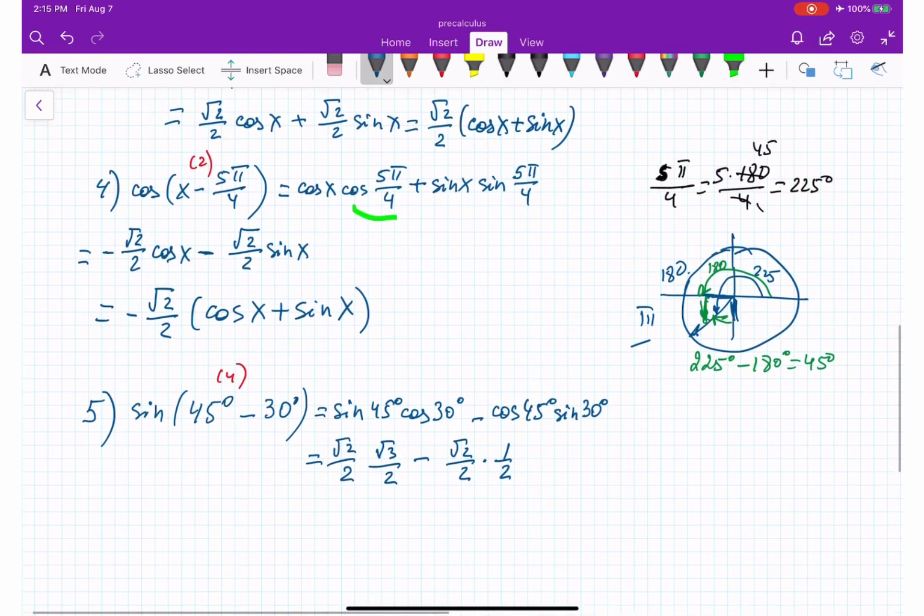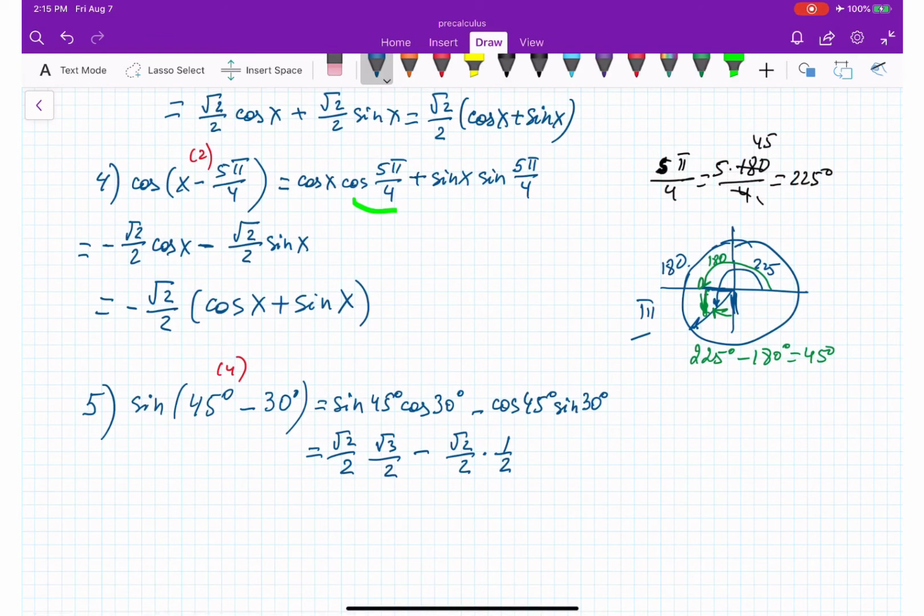And the result is, I'm multiplying these two, square root 2 times square root 3, and multiplying these, so we are getting square root 6 over 4, and minus the second one, square root 2 times 1 is square root 2 over 4.